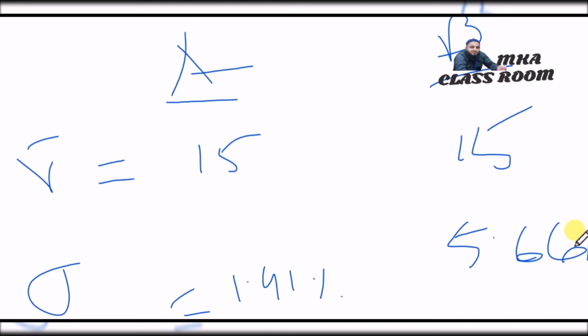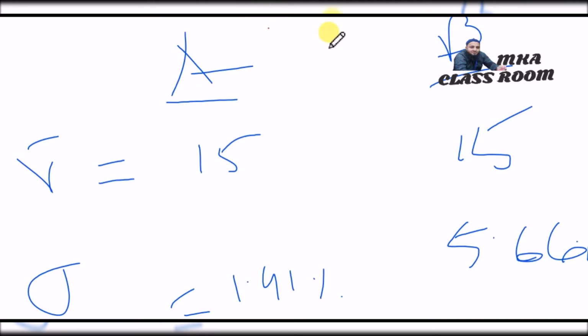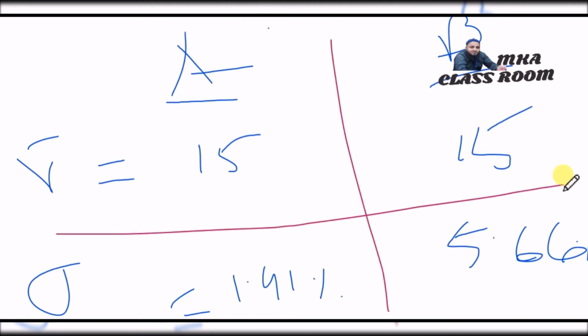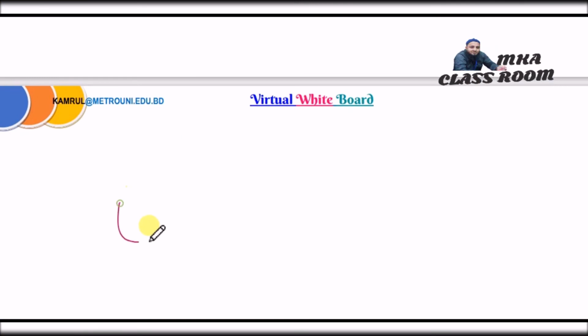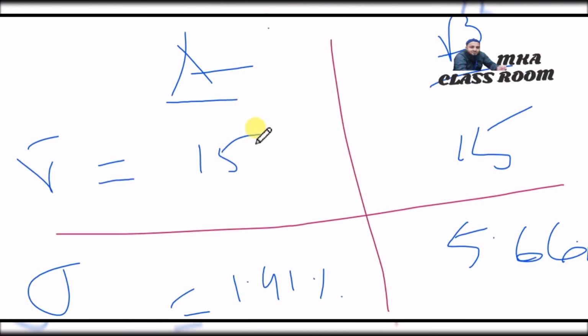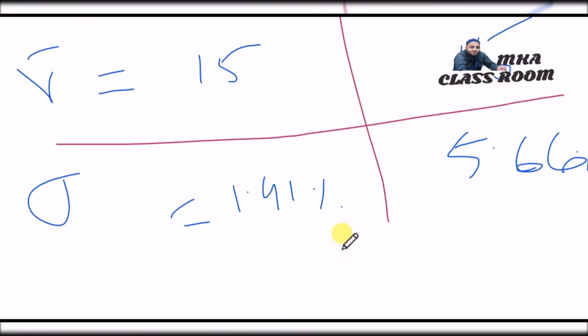These are the two stocks' standard deviation and expected rate of return. In the rules, if our expected rates of return are different, then we have to calculate CV, but here the expected rate of return is the same. That's why we need not calculate the coefficient of variation.